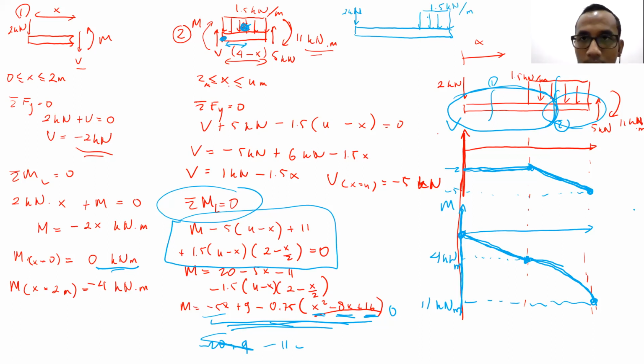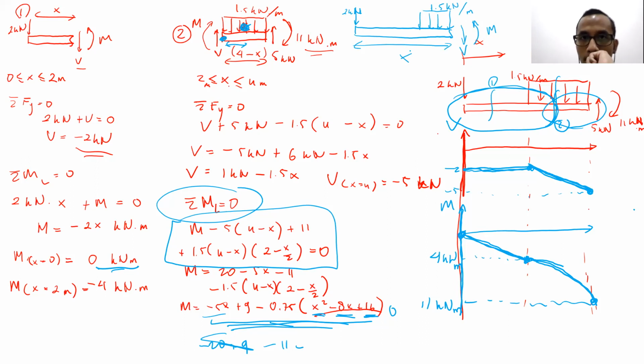Of course we will have a shear force and we will have a moment. So that's the drawing that we will get there, and the distance here is supposed to be x.